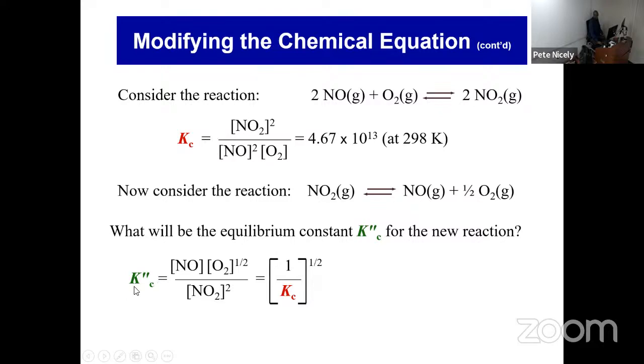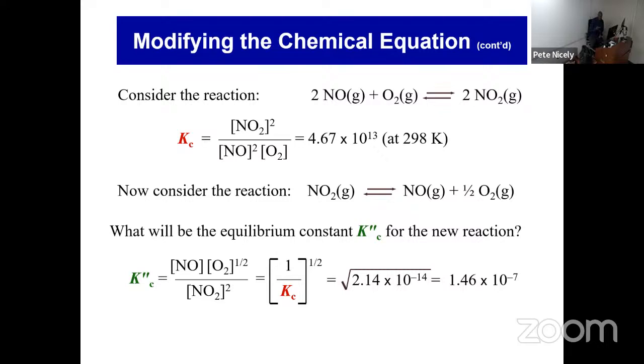In other words, Kc double prime will be equal to 1 over Kc raised to the half. So all we have to do now to find the new Kc value, the Kc double prime, is to put the Kc value of the original equation here and then do the math. You're going to end up with the new Kc value, Kc double prime, equal to 1.467 times 10 to the minus 7.